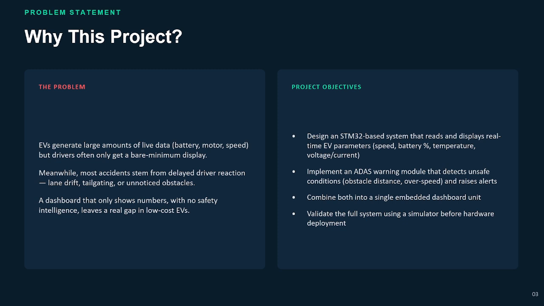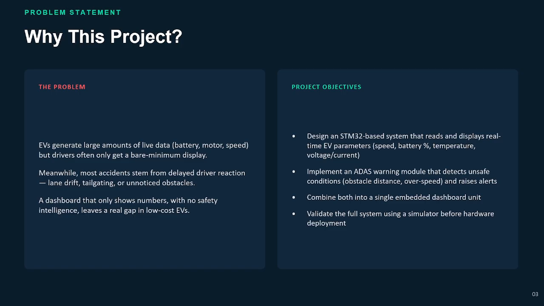So why this project, right? The thing is, most low cost EVs today have dashboards that are pretty basic. They just show you some numbers like speed or battery percentage, but there is no real safety intelligence built in.